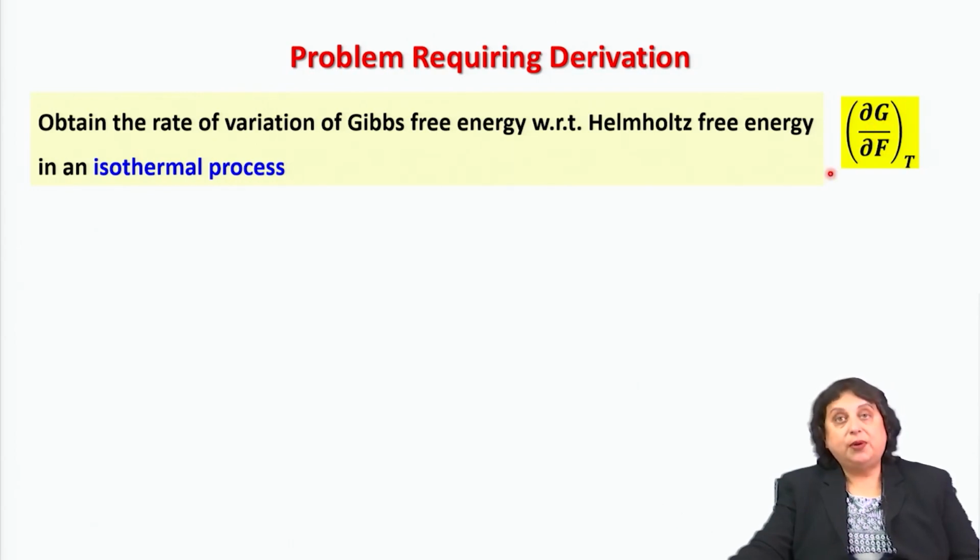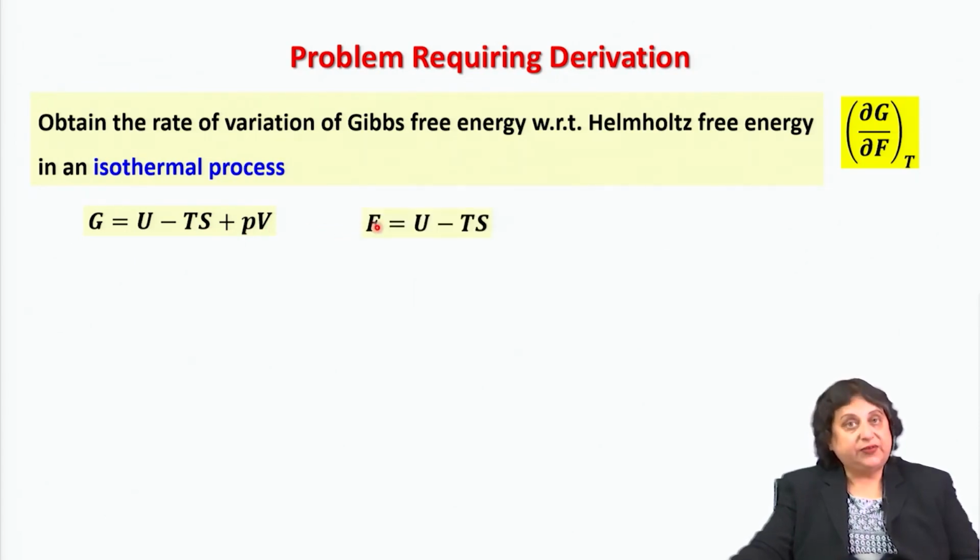Now, how do I go about it? Obviously, if you are looking for a formula to work with, it does not help. So, let us start from scratch. Let us start from the definitions. What is the definition of G? Gibbs free energy is given by U minus TS plus PV. At the same time, I realize that the Helmholtz free energy is U minus TS.